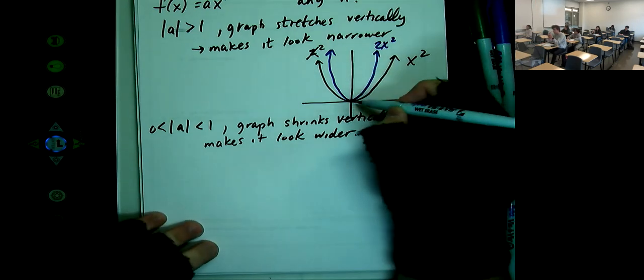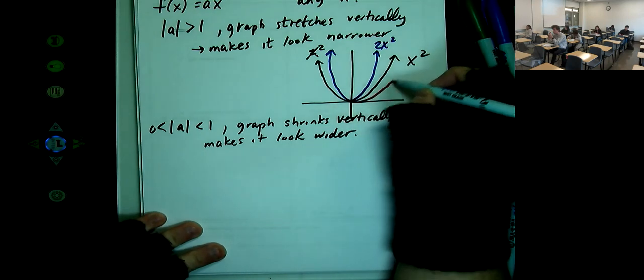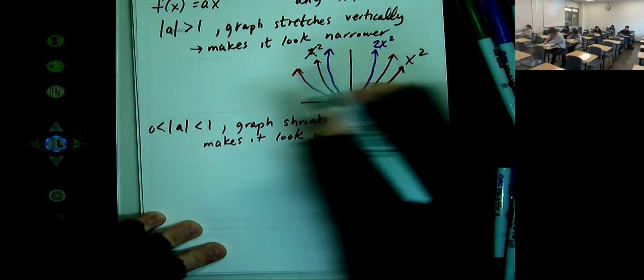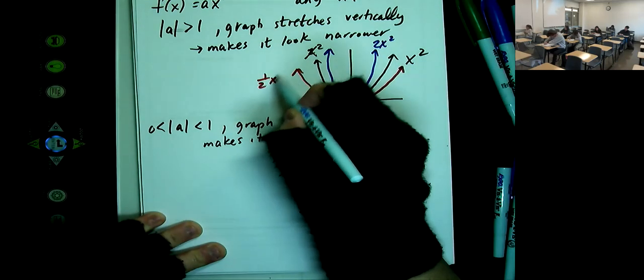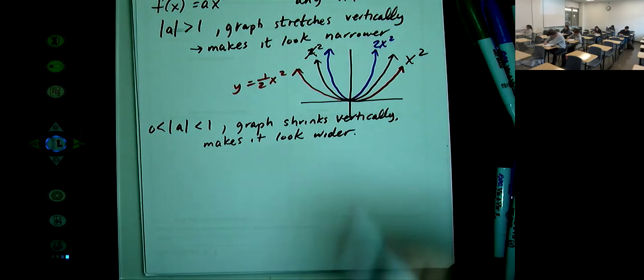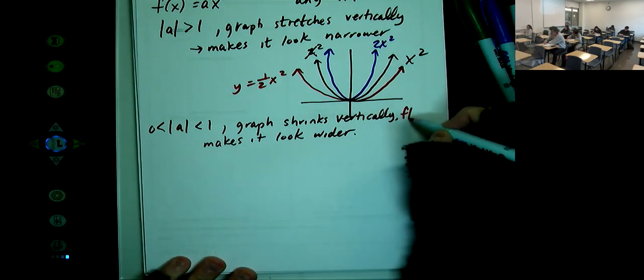So maybe if I had a graph like this, that might be 1/2 x squared. The graph shrinks vertically, kind of makes it look flatter, doesn't it?